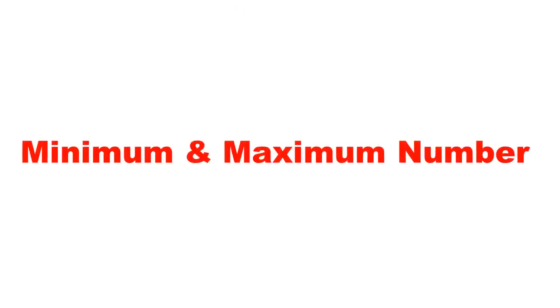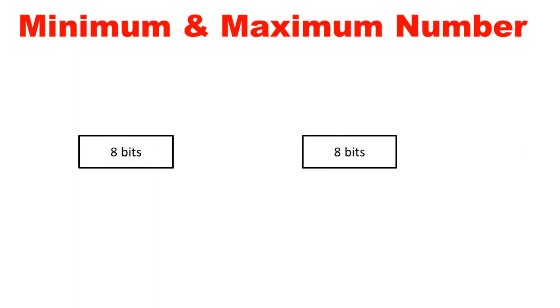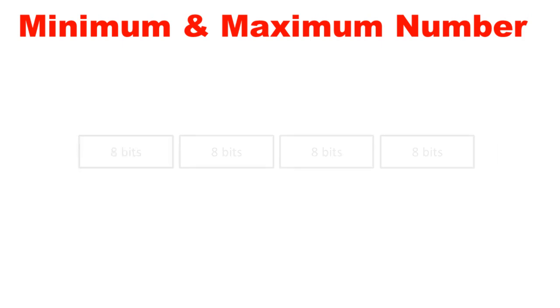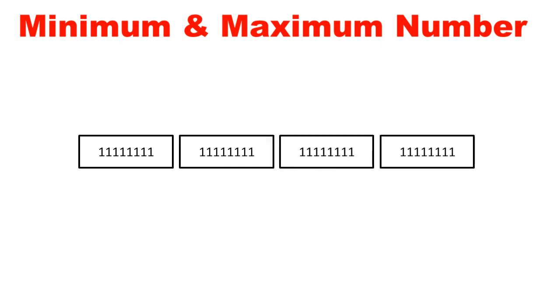Now let us understand what the minimum and maximum numbers are that we can provide as valid IP addresses. Each octet has 8 bits, and each of those bits can hold ones, that is 8 ones. This is the maximum value for each octet place, and it can also hold all zeros, that is 8 zeros.